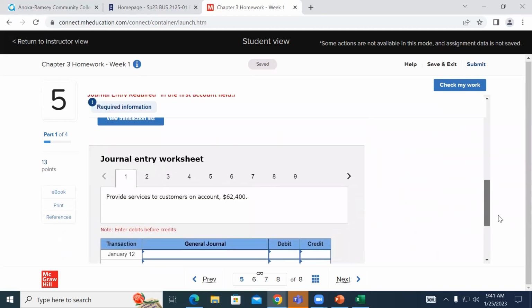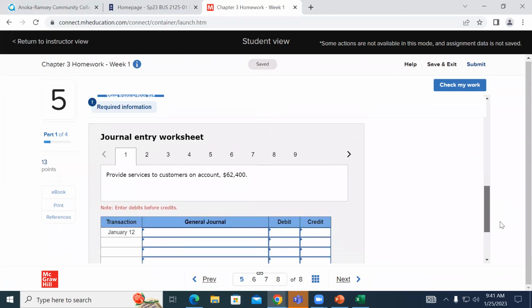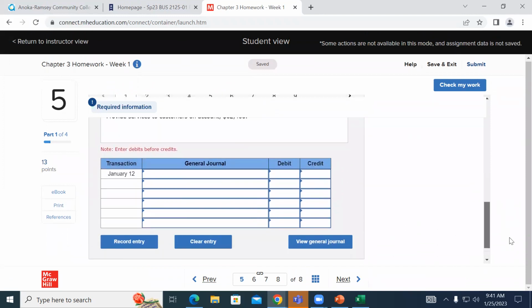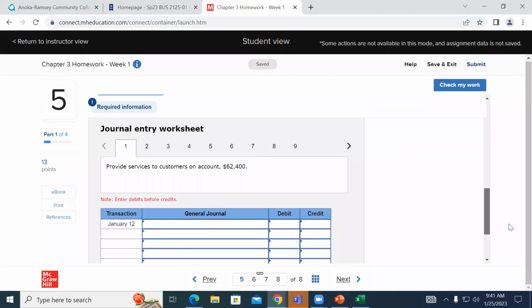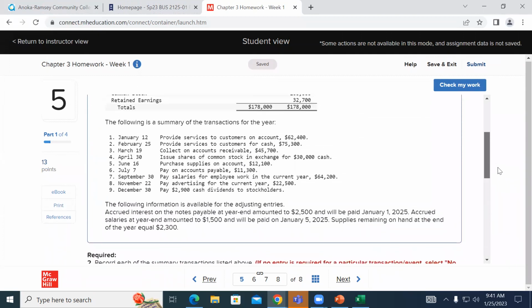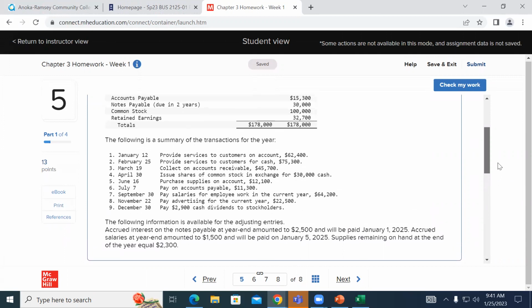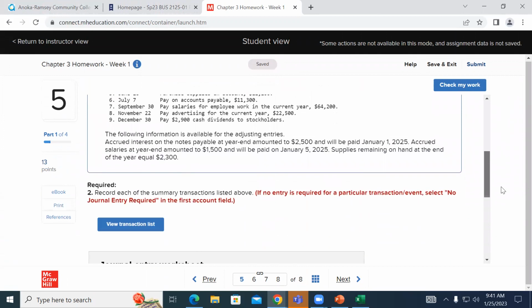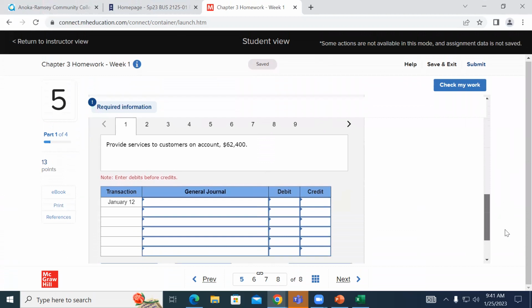So what we need to do is show these various transactions based on all this information. So when it says we provide services to customers on account for $62,400, what are we going to do? What do we debit? What do we credit?